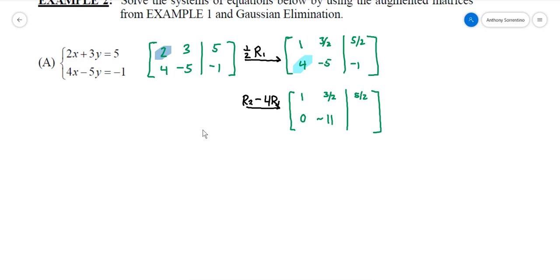Negative 1 minus 4 times 5 halves will also give me a negative 11. So I got this column all taken care of. If I keep following the steps the way I described, find my 1 first, establish that, then establish the zeros, then anything I do from here on out should not change the 1 and 0 I have in this first column.